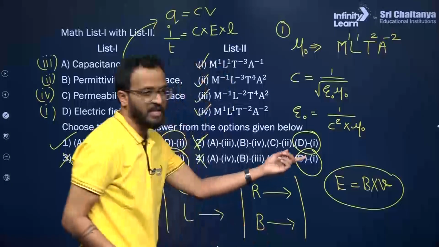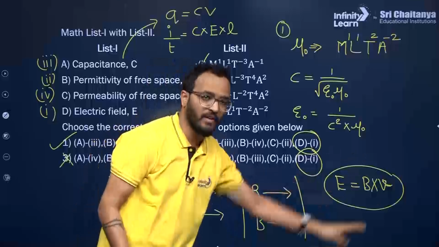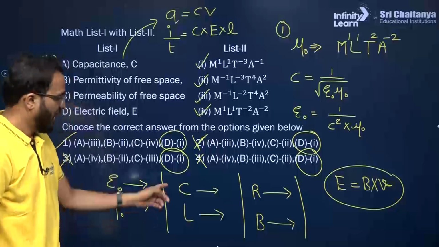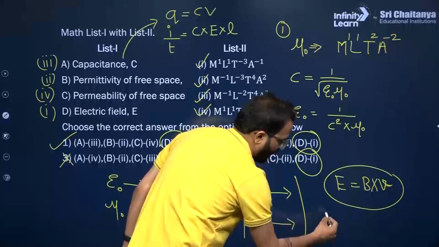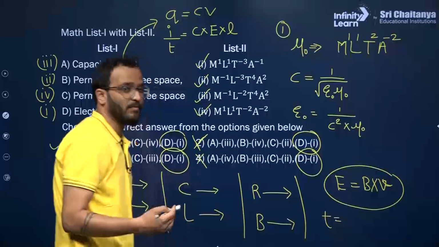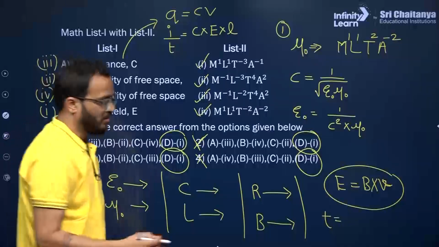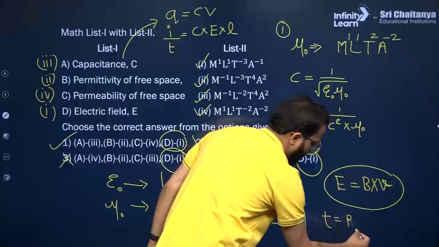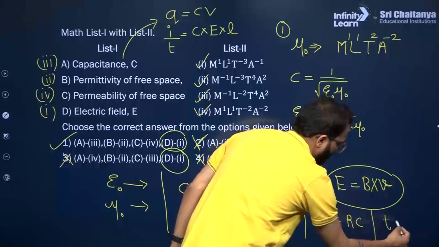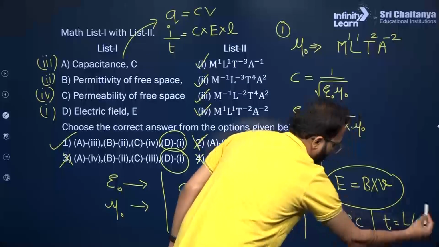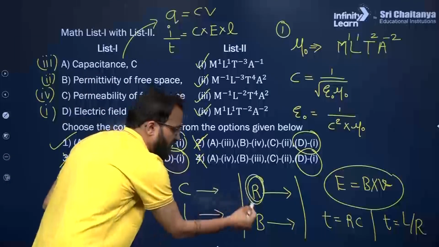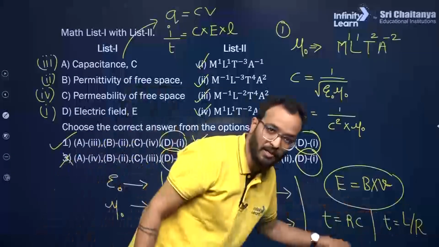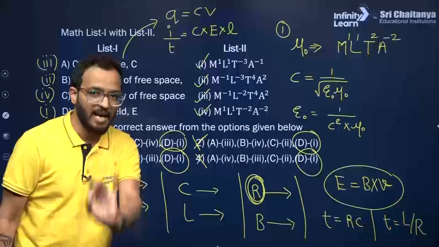So if you remember B, you can find out E, or if you remember E, you can find out B. And for L and C also, do you remember the time constant? Time constant is RC or time constant is L by R. So if you remember resistance, then using this concept you can find out capacitance and inductance both.